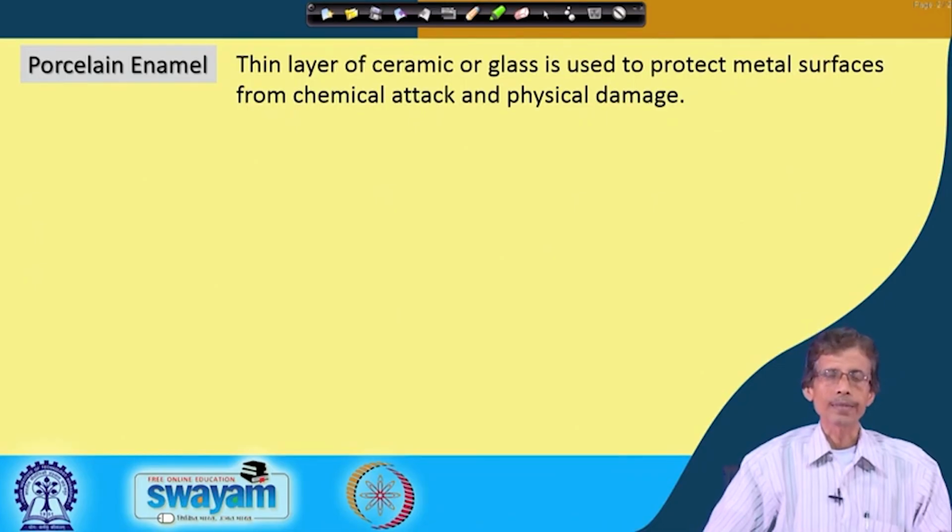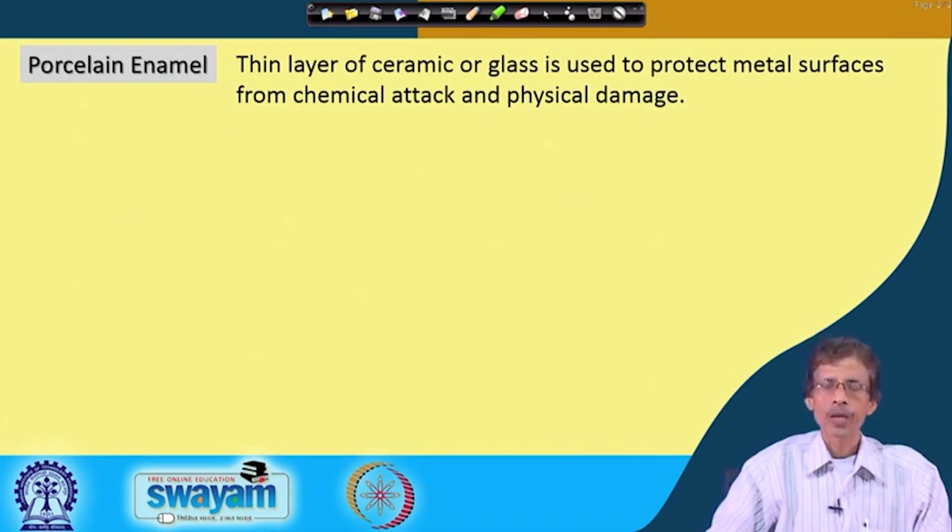So, how do we protect these things? If we are able to protect them with a coating of ceramic or glass material, because we have seen that ceramic material can withstand acid or alkali attack, then resistivity to acid or alkali attack can be achieved on those metallic surfaces through layering or deposition of the ceramic material, which is nothing but the enameling process.